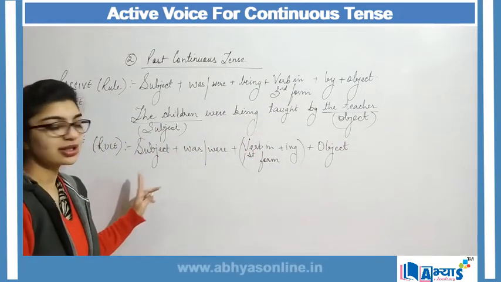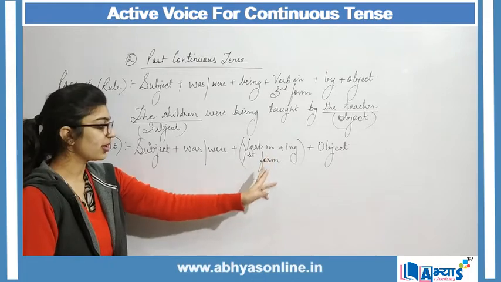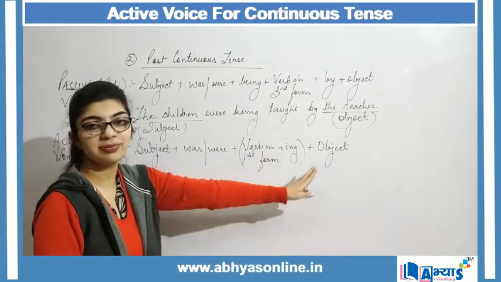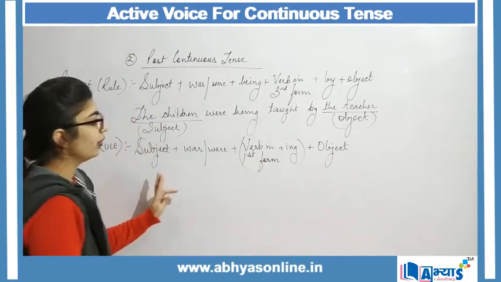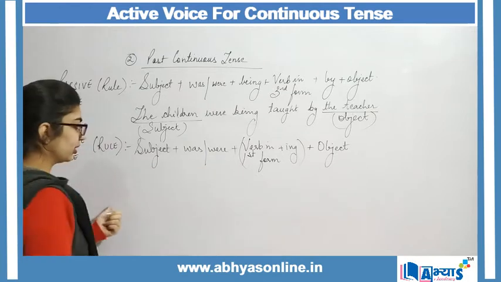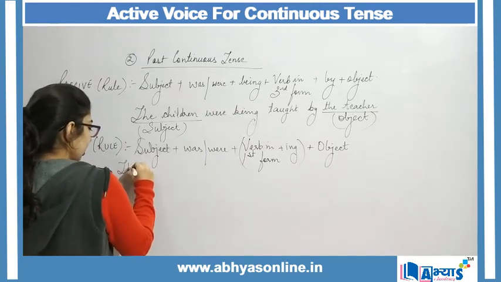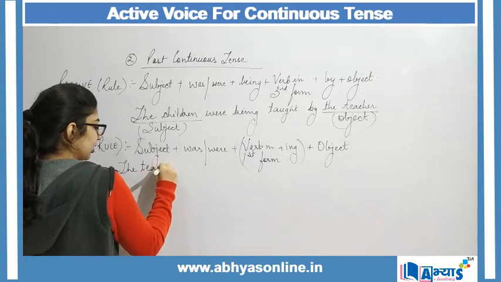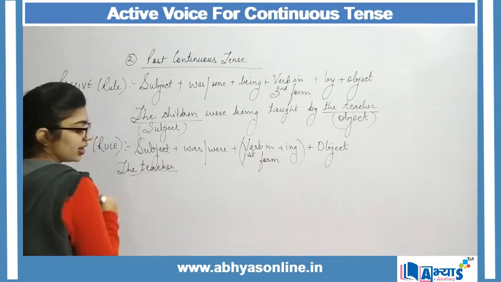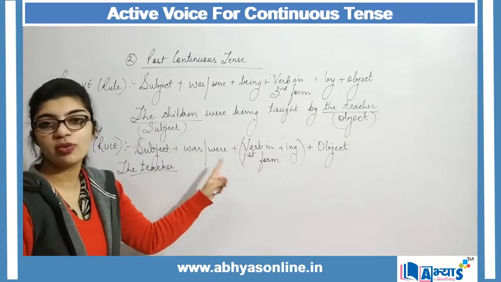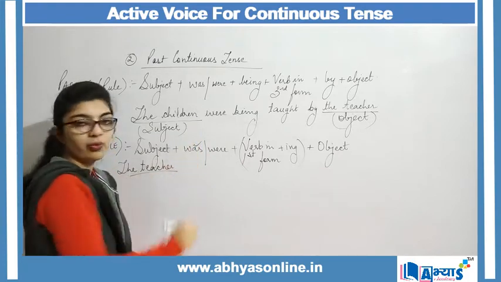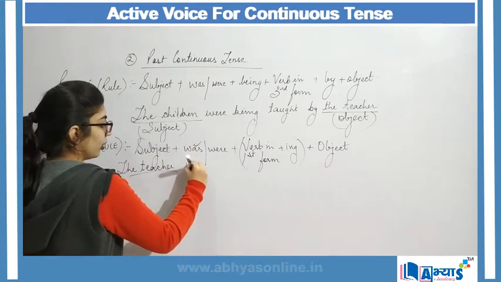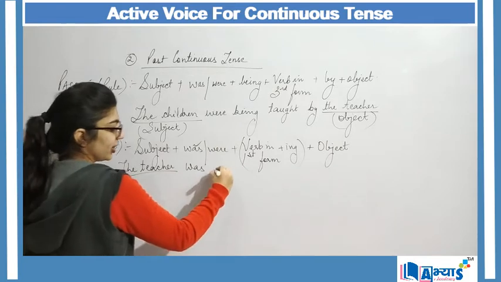So subject plus was or were plus my verb in first form plus ing plus my object. Now my subject will become the teacher. So I will say the teacher. Teacher is singular. For singular out of was or were I will be using was. The teacher was teaching.